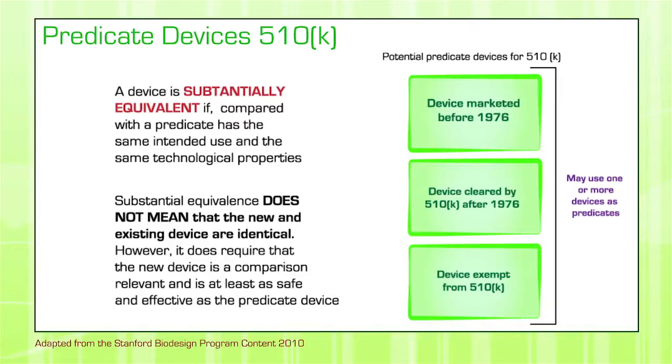But something that you should know is that a PMA is also going to be followed by another PMA. What this means is that you cannot take a PMA approved device as a predicate to define your device as substantially equivalent in order to be regulated through a 510K process.